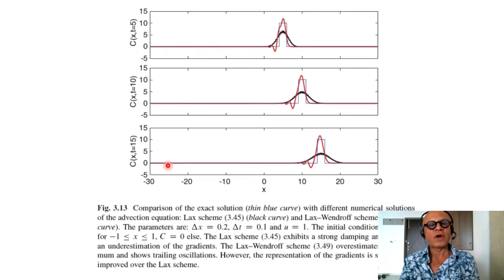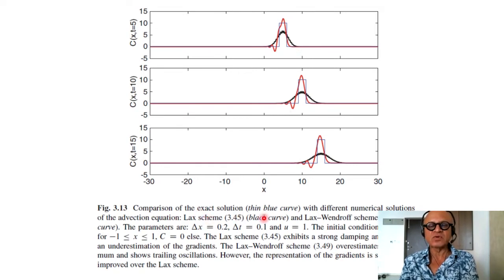Well, not quite. It turns out that if you look at the exact solution again as a propagating rectangle, the Lax scheme gives you basically a very diffusive solution. So we will see Lax Wendroff in the red line next, but just look at the black curve here.